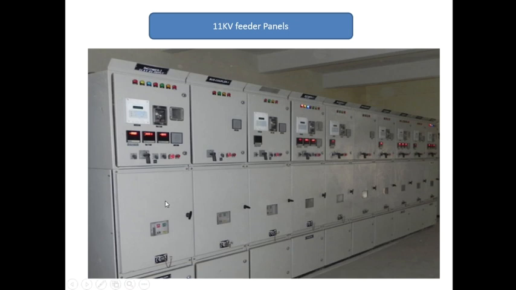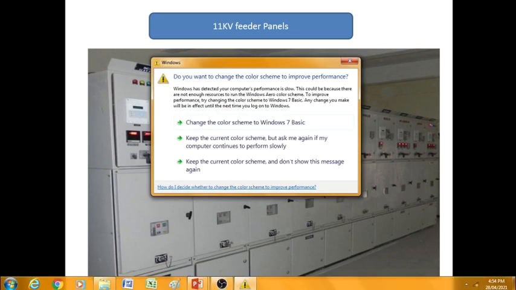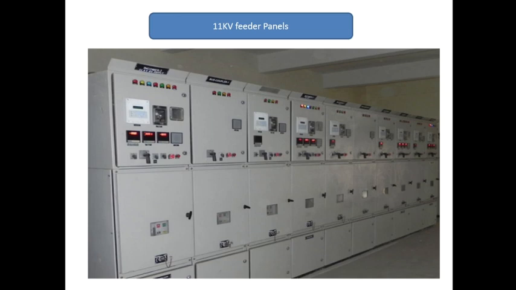These are the 11 kV feeder panels. Here is the main panel. Incoming main cable from the power transformer goes to the main panel, and all the feeder panels are connected through bus bar.